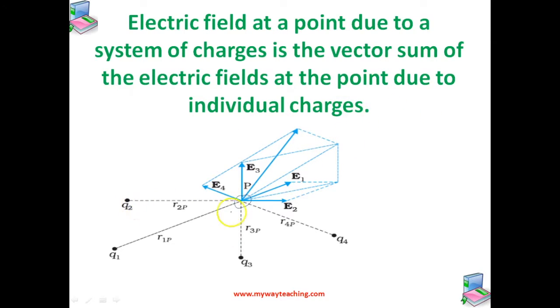Electric field due to Q1, Q2, Q3, Q4. If you add all those things, then we'll get the electric field at point P. So the summation of E1 plus E2 plus E3 plus E4 gives the electric field, or the resultant electric field, at the point P. Okay.